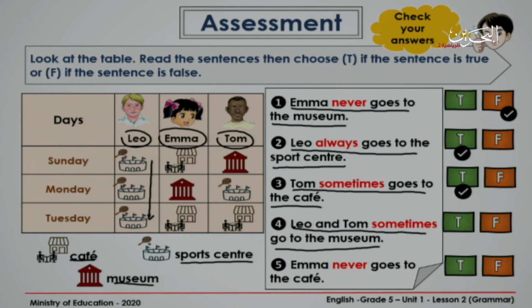Is it true or not? It's false. Why? Because see, Leo never goes to the museum. And the last one, number 5. Emma never goes to the cafe. Look here, she has 2 pictures of a cafe. So, is this true or false? False. Excellent.